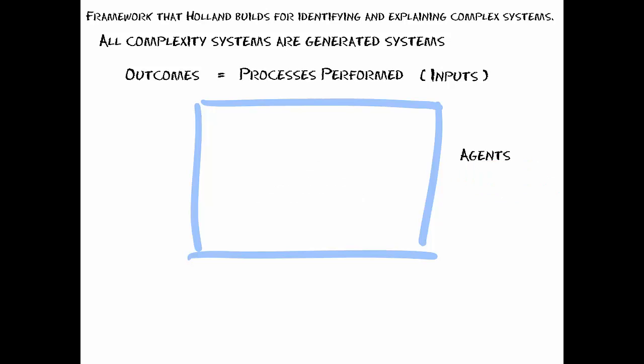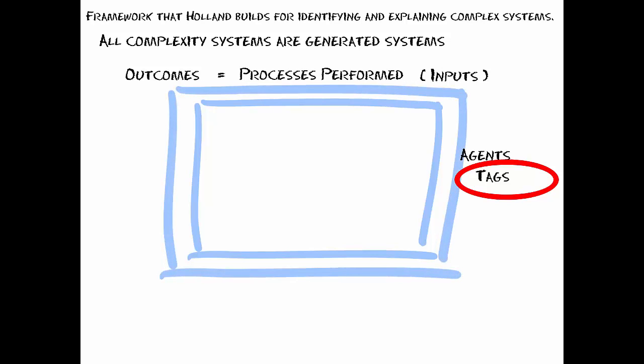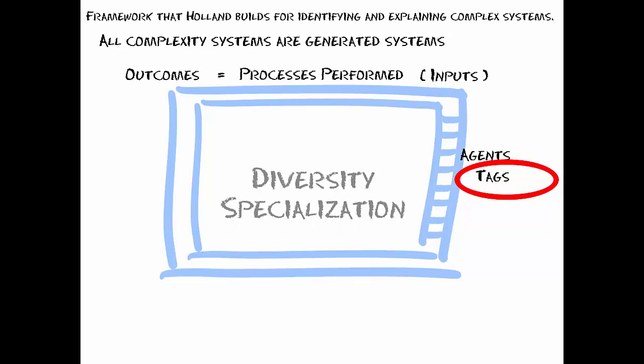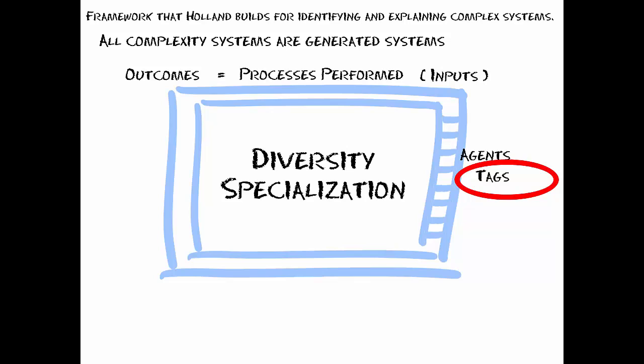The other thing he tells us about agents is that they have tags, and an agent has multiple tags that it uses for signals, for communicating, and for working on the process. In order for tags to work, the process itself has to be able to deal with diversity and specialization and have boundaries. So you have a process that says, all right, this agent has certain tags.